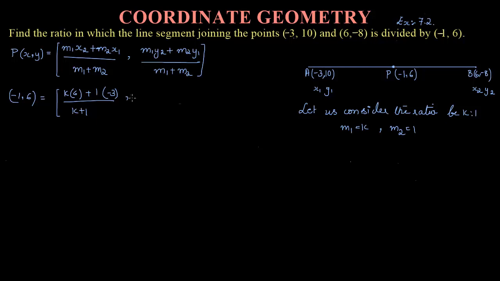Then M1 into y2. M1 is again k. y2 you have -8. Then M2 again 1. y1, what is the value you have? Here you have 10, right? Then again M1 plus M2 is nothing but k plus 1, right?